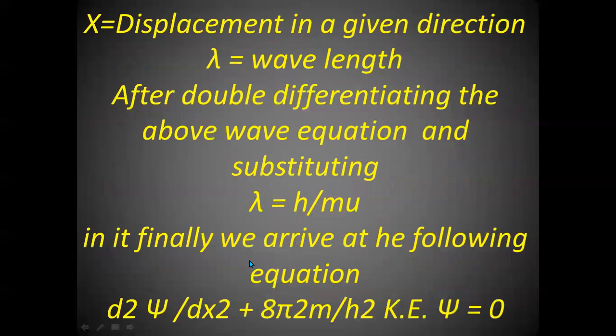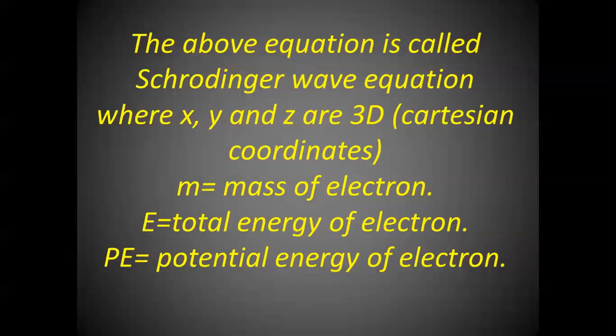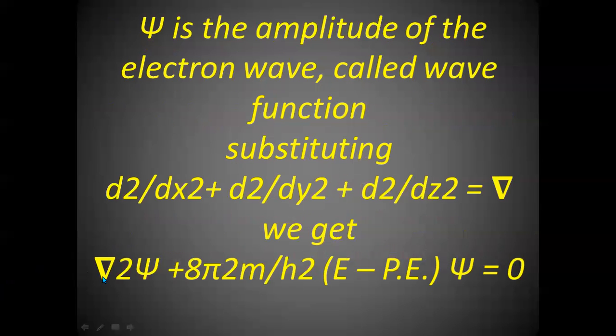This was the Schrodinger wave equation in one direction, and this is the Schrodinger wave equation in three dimensions. Now it looks lengthy. If you substitute some other thing, it will come to a short form.